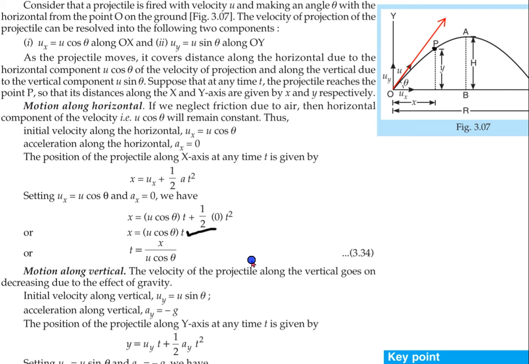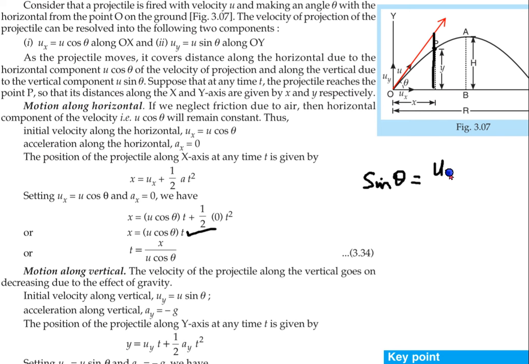So for motion along vertical we need uy. As in the previous case, we use sine theta. Sine theta is perpendicular by hypotenuse. The perpendicular here, in terms of velocity, is uy.